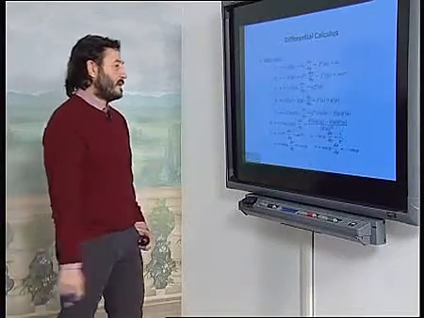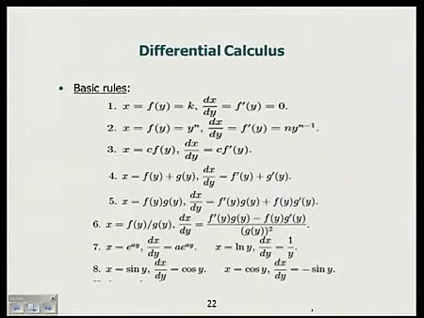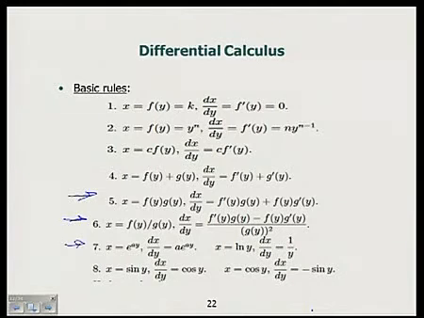Then we have derivative rules you can do by yourself, maybe the most important are the product, the quotient, then the exponential, the sine and cosine, natural logarithms, and these are the most used in differential calculus.